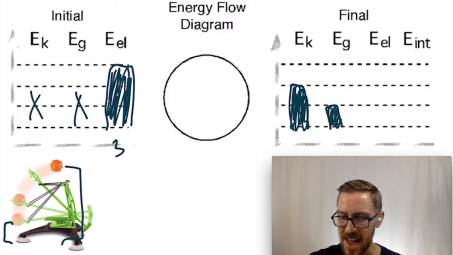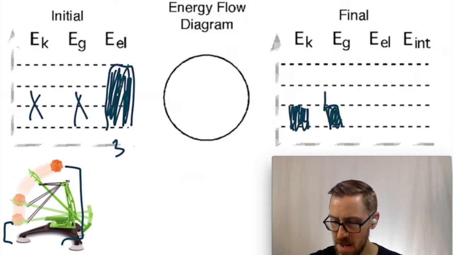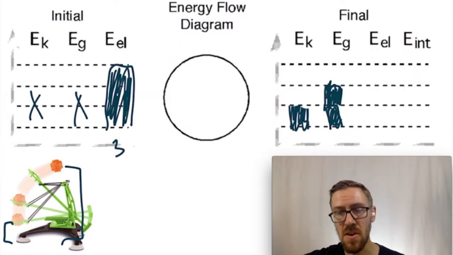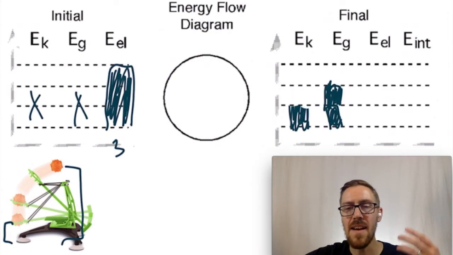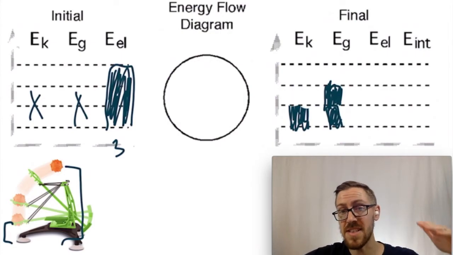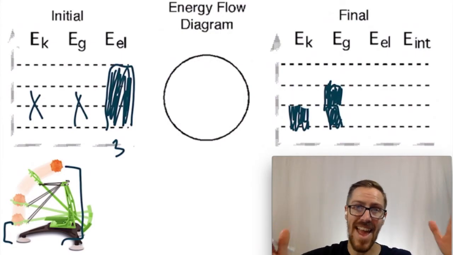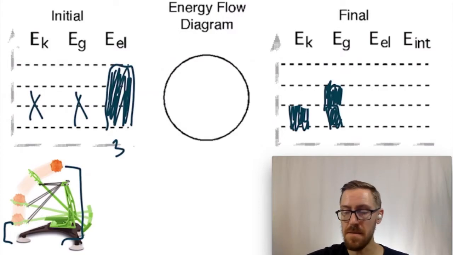If you want to say it has 1 box of kinetic and 2 boxes of gravitational, I'll take that too. Because the point is, you're representing the fact that now that ball has energy in 2 ways. It's moving and it's elevated. And so you show that by having some here.